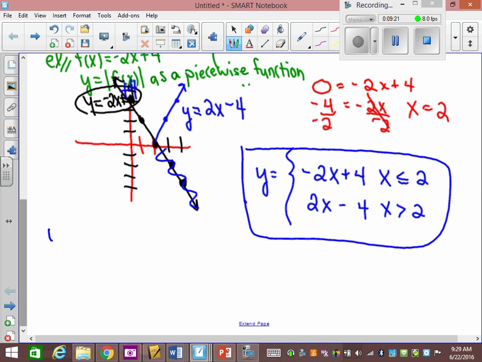So let's see if you can do this one. f of x equals x squared minus 2x minus 3.